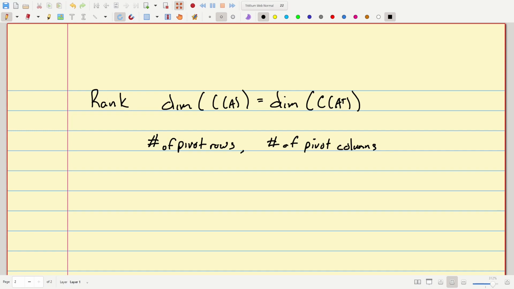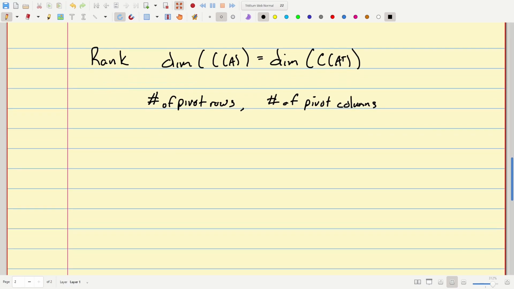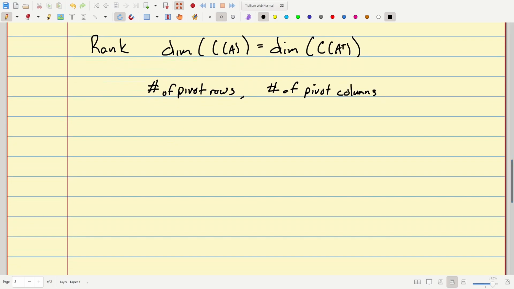so these things are all the same. The dimension of the row space and the column space are equal. That means that the matrix should have the same number of pivot rows and pivot columns. All of these things are a way to measure the rank of a matrix.